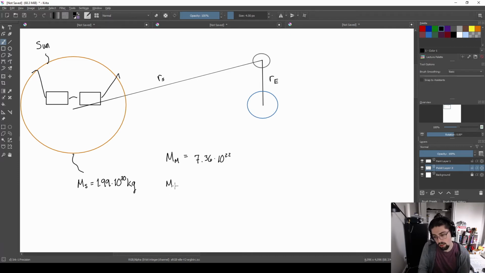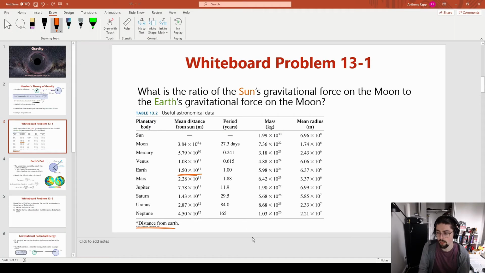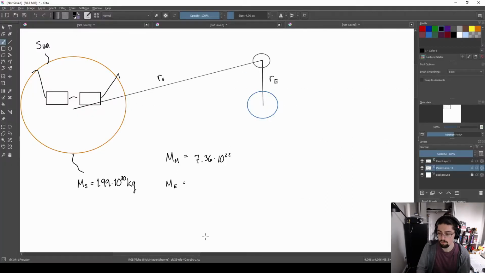Mass of the Earth, a little bit larger than that, something more like 5.98 times 10 to the 24th. And all of these are in kilograms.